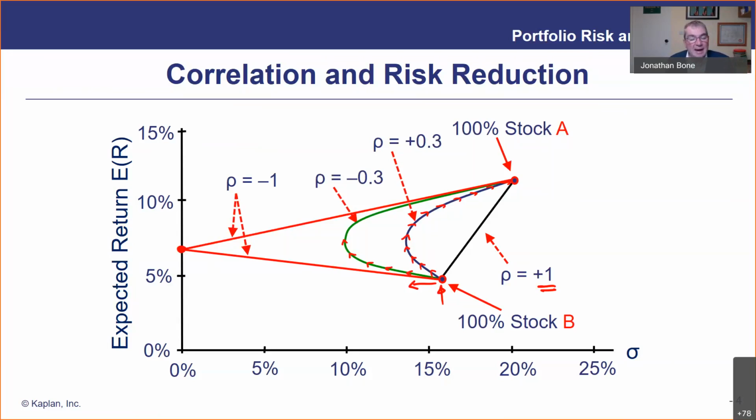So in practice, when we're constructing portfolios, we're trying to combine assets that have the biggest negative correlations that we can find. The bigger the negative correlation, the better the risk reduction diversification will be. And remember, diversification is all about reducing risk without reducing return. In fact, we can see here, we reduce risk at the same time as increasing return.